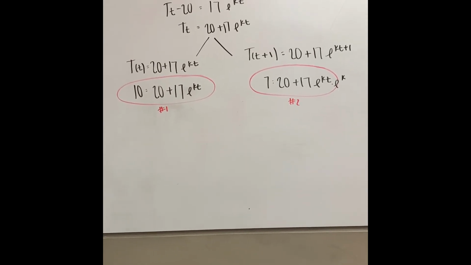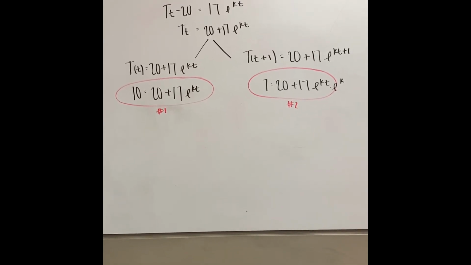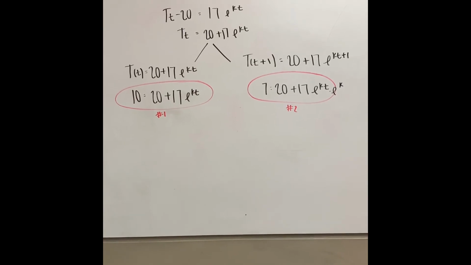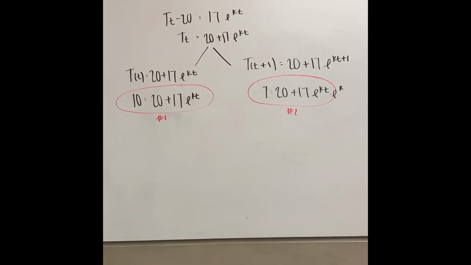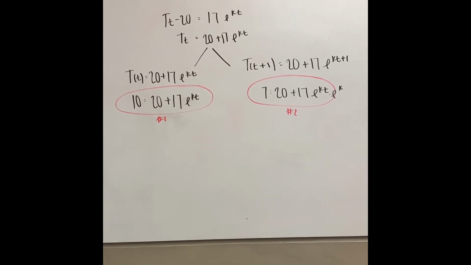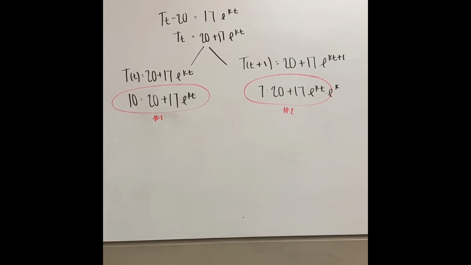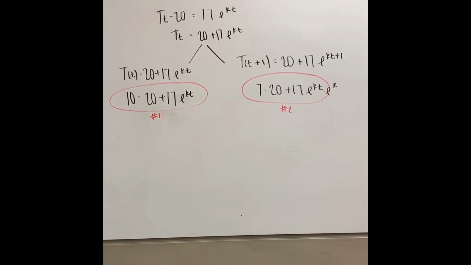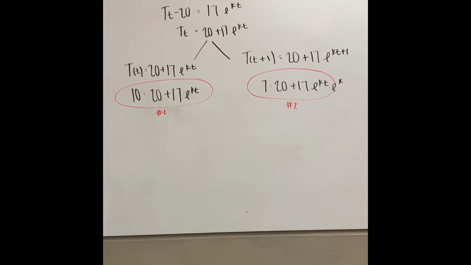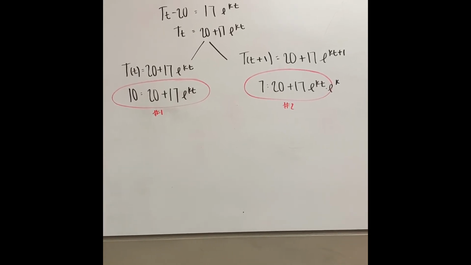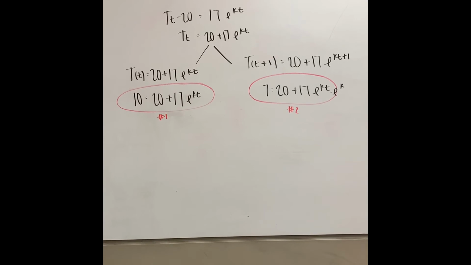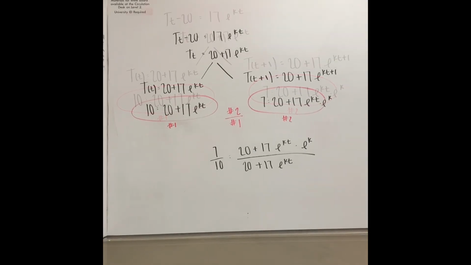Our second equation, from our previous chart, is 1 hour after the body was found. So that will be 7 equals 20 plus 17 e to the power of kt times e^k. That e to the power of kt plus 1 is equivalent to e^kt times e^k.